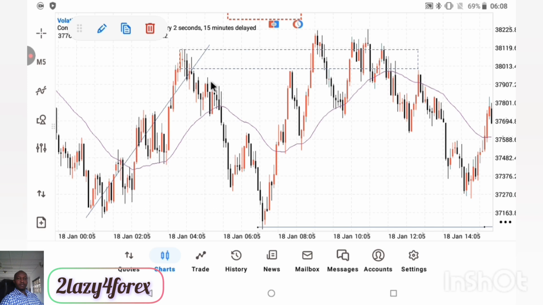Let price act as if it's selling. Let it close, create a lower low towards the sell direction. Don't worry, wait for it. It is coming back. When it comes back here, once it comes above the trend line and the moving average, go to your lower time frame. Seek lower time frame trading setup. Once you have your confirmation, then sell.